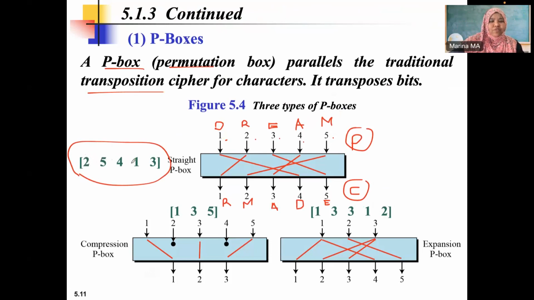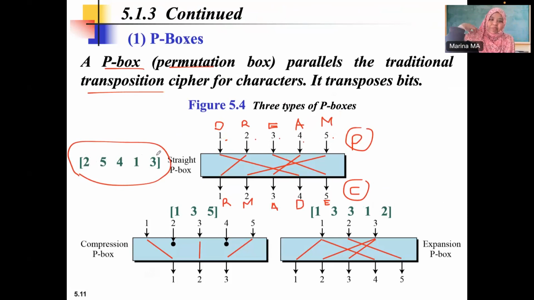So 25413. That is the position in the plain text. So this means the second position in the plain text, the fifth position in the plain text, the fourth position in the plain text, the first position in the plain text, the third position in the plain text.